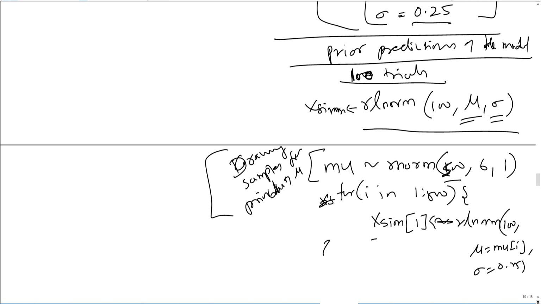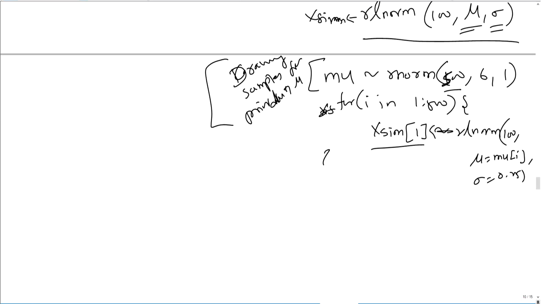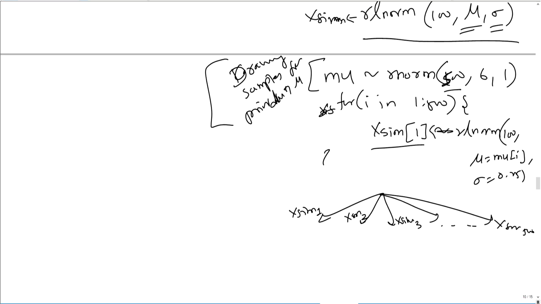Now, what this will end up giving you is 500 prior predictive samples. Let us say this is the first sample, let us call it X1, X2, X3, up to X500. You will get 500 prior predictive samples, where each sample will contain 100 observations, basically your sample size, whatever sample size you wanted.